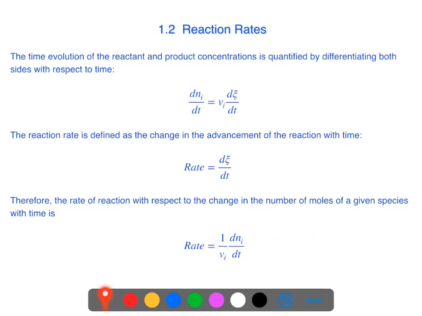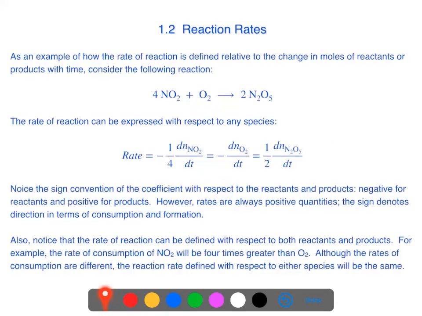And we equate that to the stoichiometric coefficient multiplied by this change in the progress or advancement of the reaction over time. So the rate of the reaction is defined as the change in the advancement of the reaction with time. That's shown here. Therefore, the rate of the reaction with respect to the change in the number of moles of a given species with time is given by this expression.